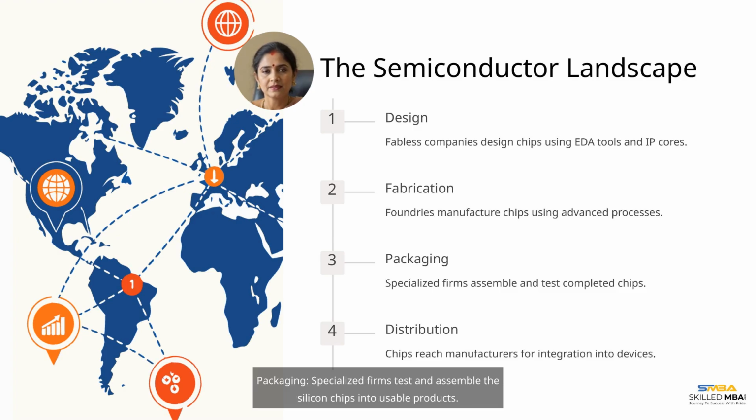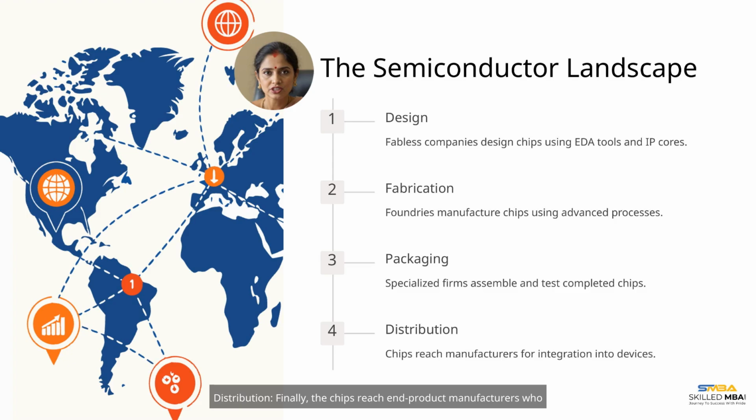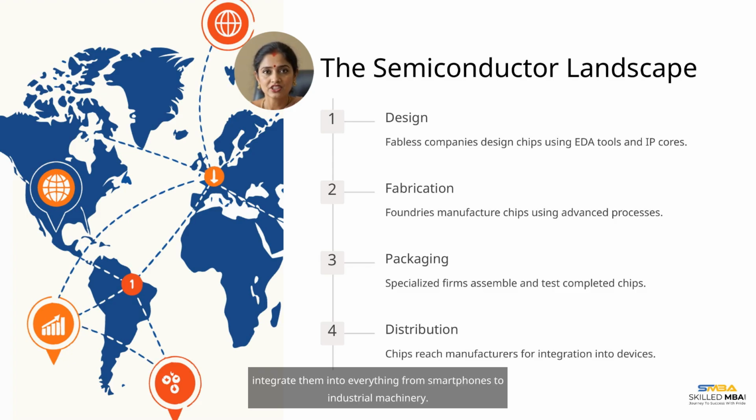Packaging. Specialized firms test and assemble the silicon chips into usable products. Distribution. Finally, the chips reach end product manufacturers, who integrate them into everything from smartphones to industrial machinery. Each stage is highly globalized and technologically intensive, with vulnerabilities at every point.